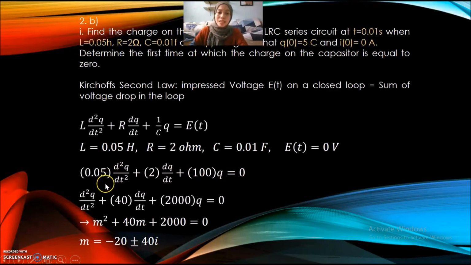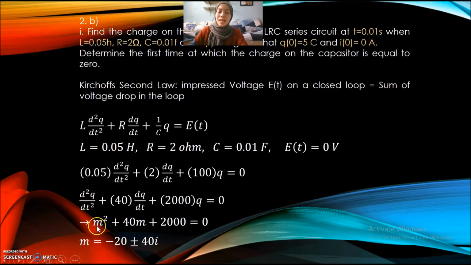To make it easy, we want to make it like this quadratic equation form, where the highest power is squared and the coefficient is 1. So we divide everything by 0.05 and we get d squared Q over dt squared plus 40 dQ over dt plus 2000 Q equals 0.